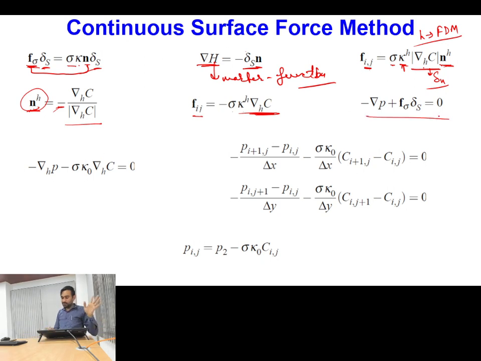Now let me assume a situation that I have a steady flow situation, I have a static fluid element. It means my fluid element is actually not moving with time. So purely static fluid element, say a bubble or a drop, but it is stationary.